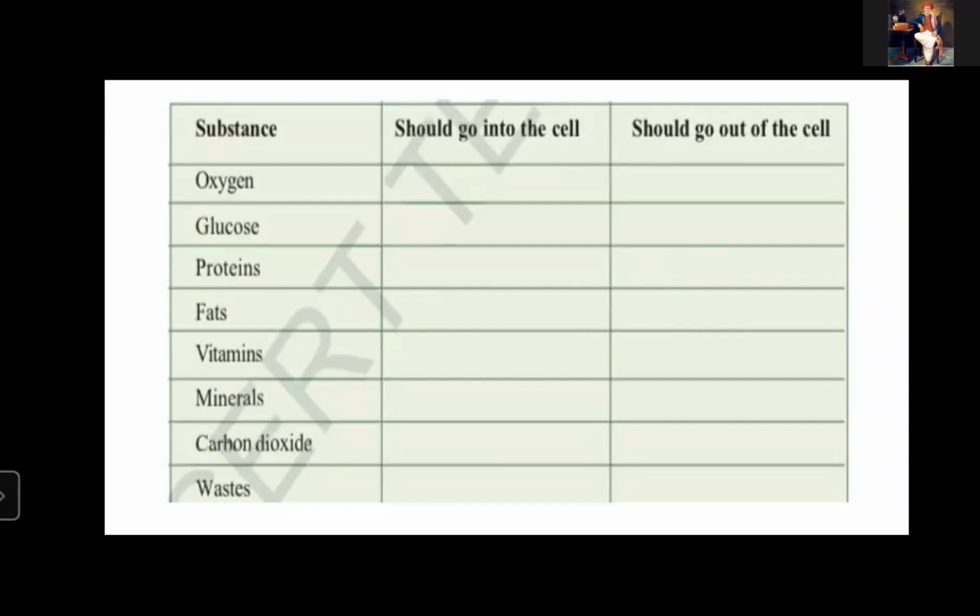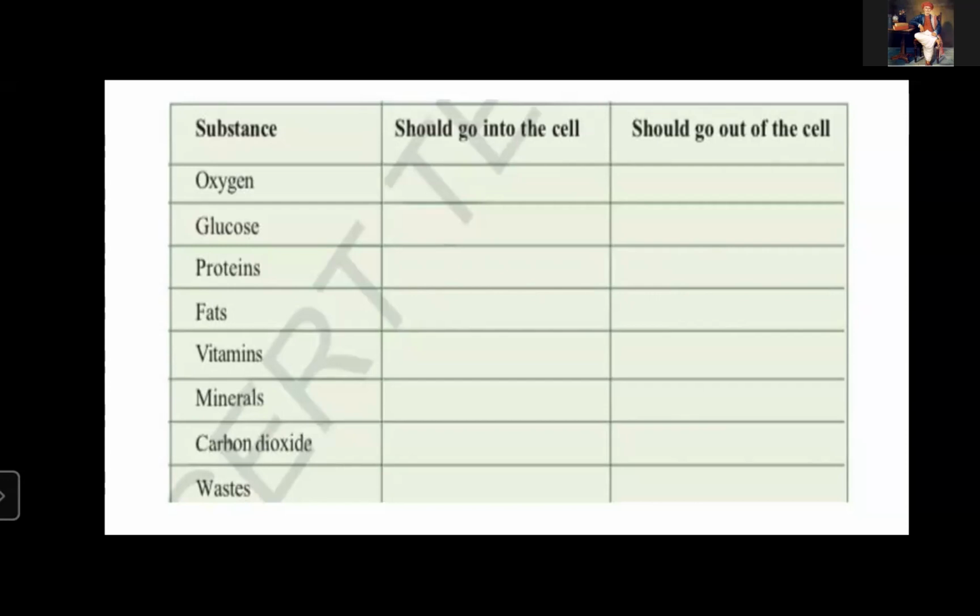We are seeing some substances. Which substances should go into the cell and which should go out of the cell? Tell me. Oxygen: should it go into the cell or out of the cell? Say anybody.